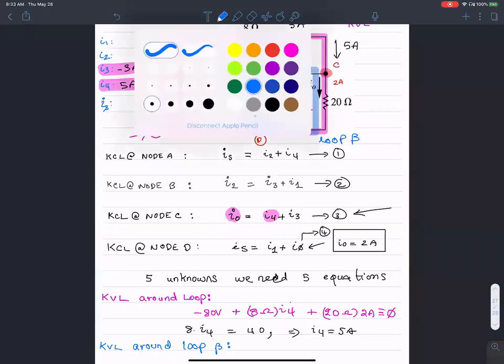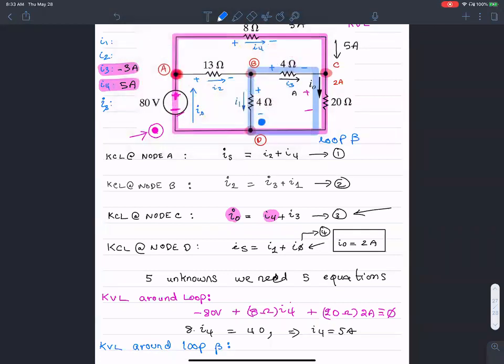The first element that I see is this 4 ohm resistance, and pay attention to the direction here, negative and positive. So I'm going to see a negative I1 times 4 ohms. And here there is positive and negative. So I'm going to call this positive I3 times 4 ohms.